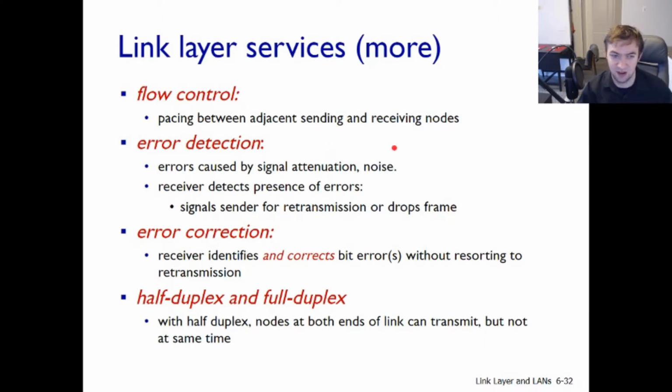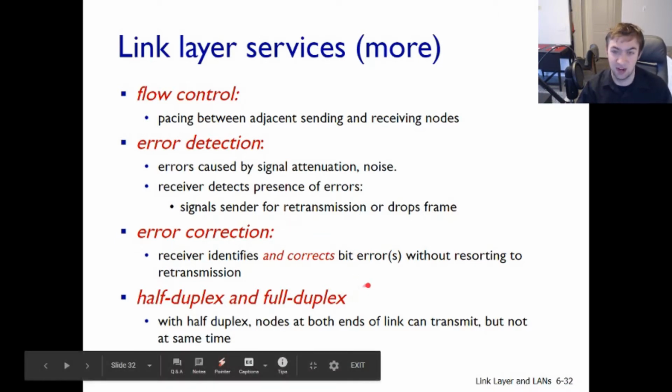And when these are detected, you can immediately get the sender to resend a transmission if needed, or drop a frame if you realize there's something wrong with it. More tricky than this is not only detecting but also correcting some of these bits, but it is possible to do so without having to retransmit from the sender if you notice that very specific bits happen to be out of order.